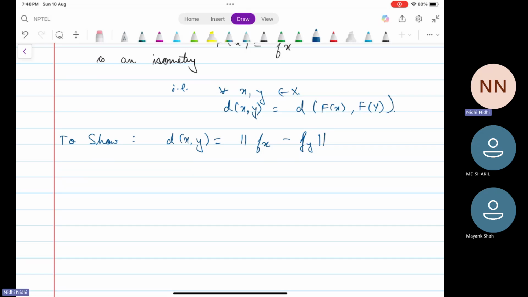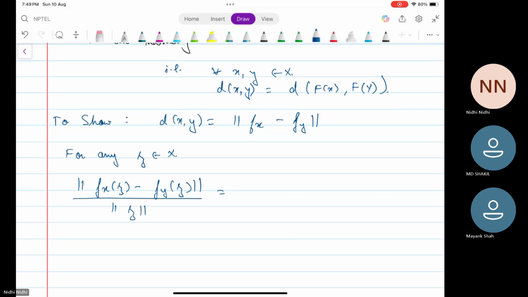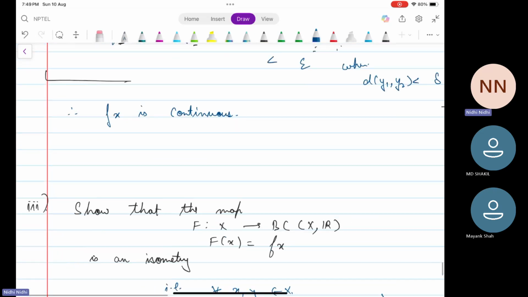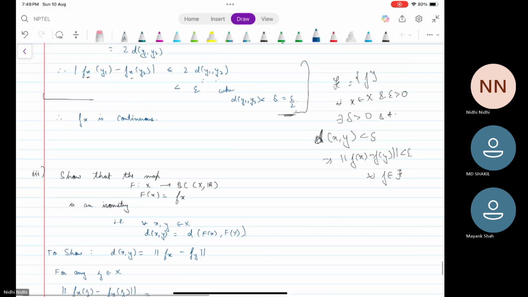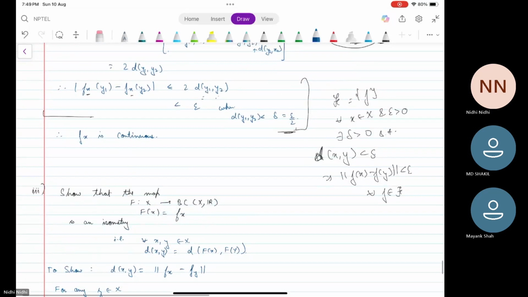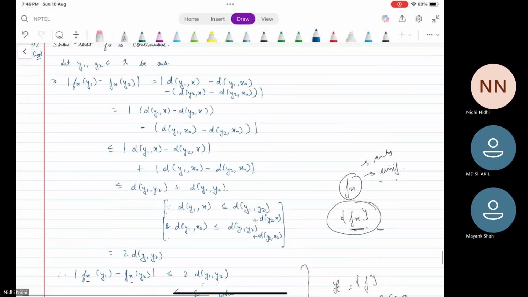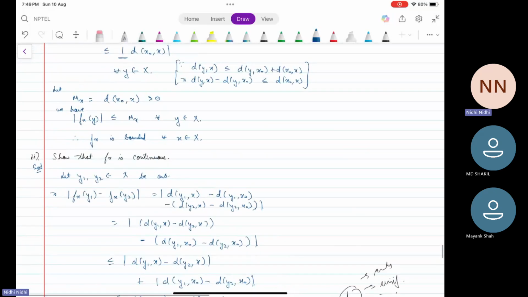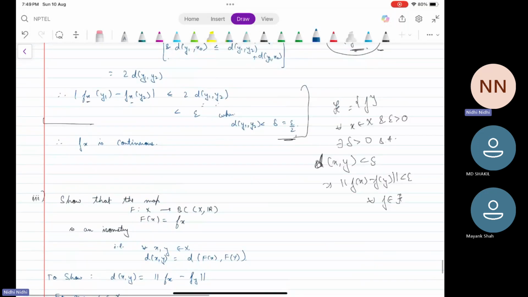So let's start. For any z in X, we have |F(x)(z) minus F(y)(z)| by norm z. This is equal to, now this F(x) was from X to R, so basically this is a modulus.